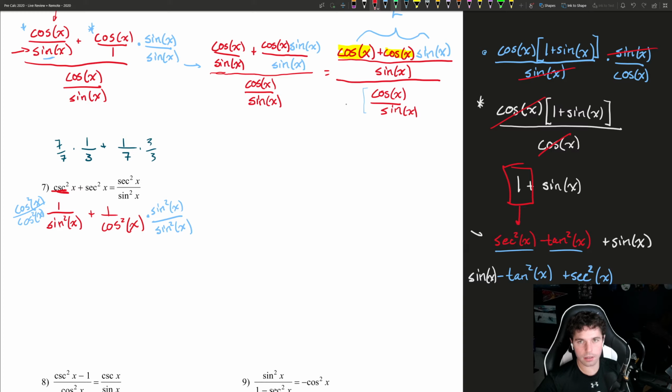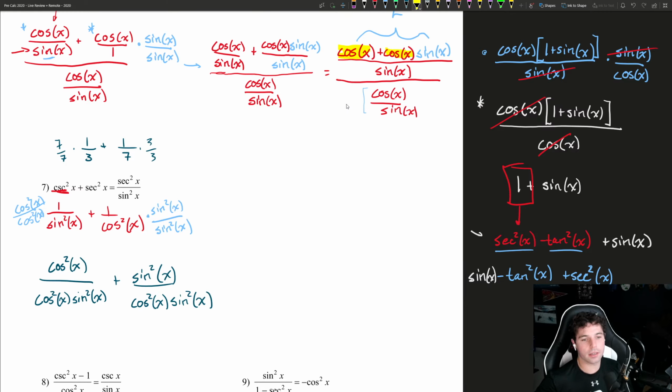So when we do that, we get cosine squared over cosine squared sine squared plus sine squared over cosine squared sine squared.